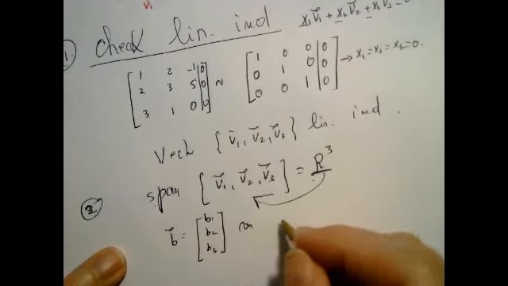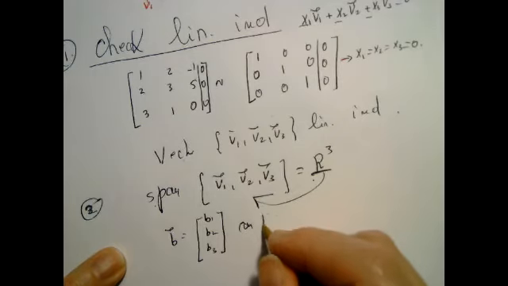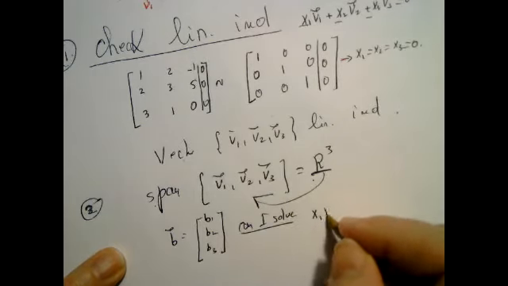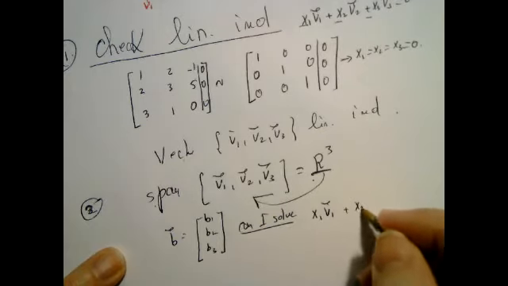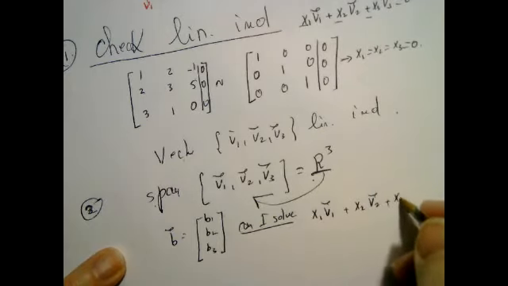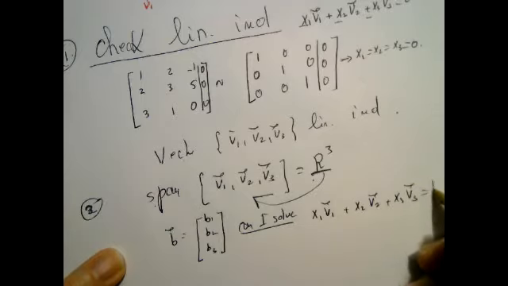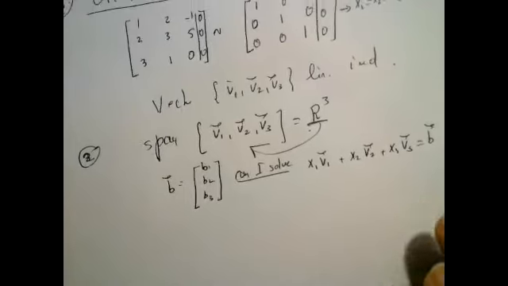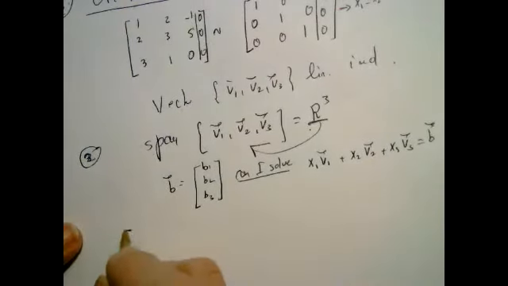can I solve? It means, can I find weights so that if I put them on V1, V2 and V3, I can reach the vector B, regardless of what B is? And let's see algebraically why it is true. This also reminds us of the fact.